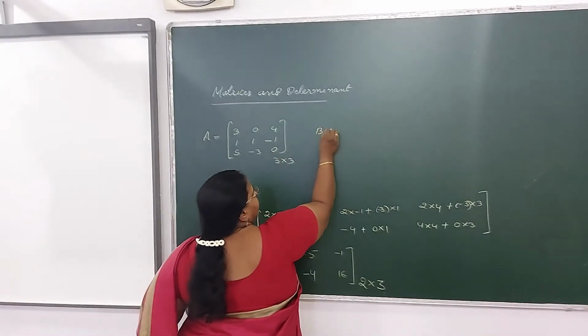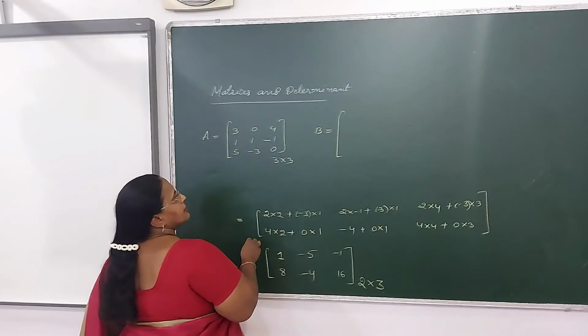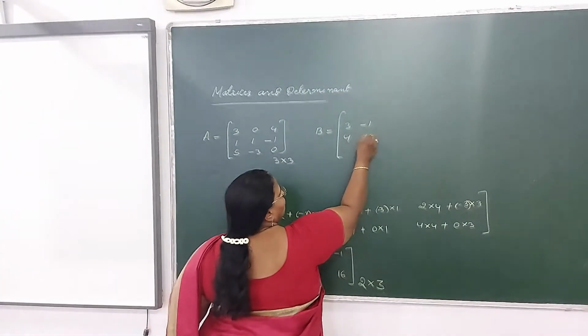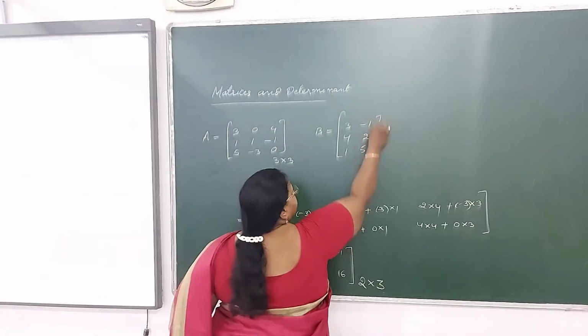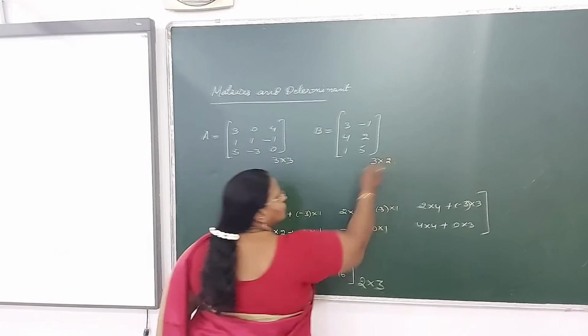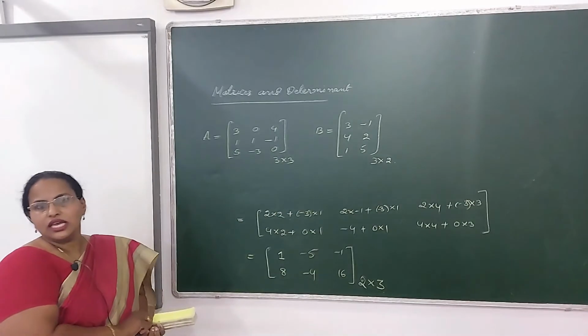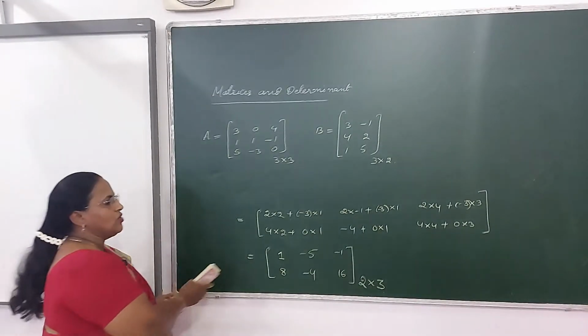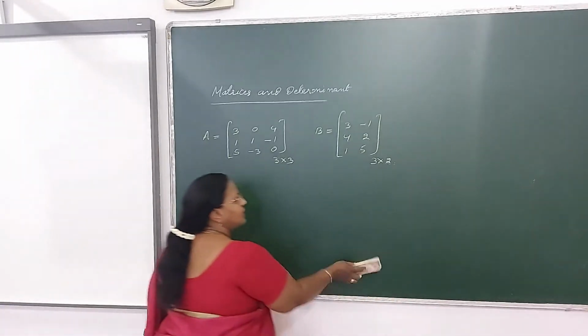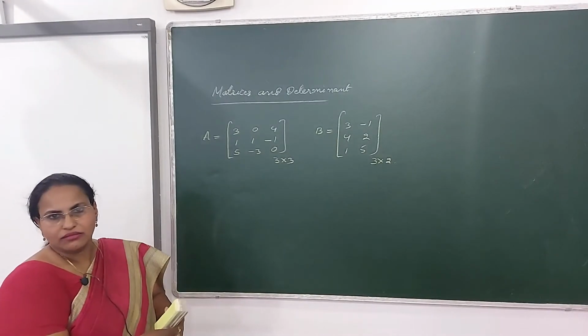Let us take one more matrix, B, as 3, minus 1, 4, 2, 1, 5. What about this matrix? 3 rows and 2 columns, so the order is 3 by 2. Since the column of first is equal to row of second, so definitely the matrix multiplication can be done.